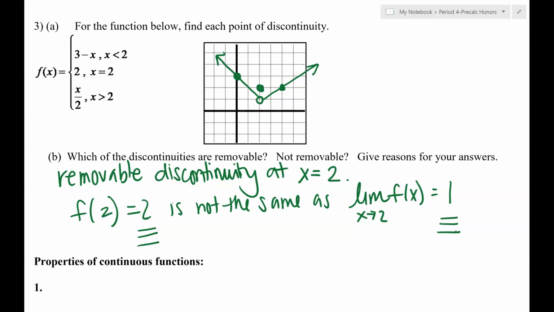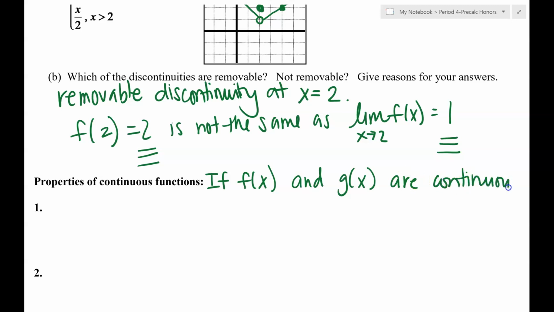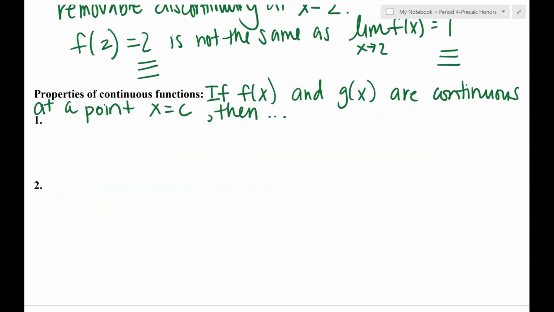If f of x and g of x are continuous at a point, let's call it x equals c, then if we have two functions, they both are continuous at the same value c.